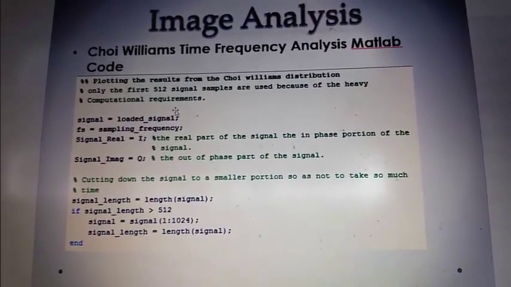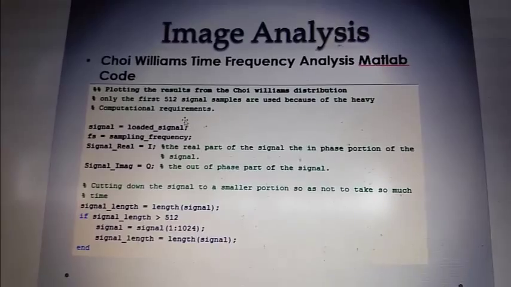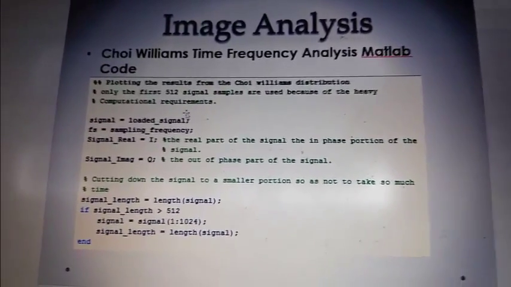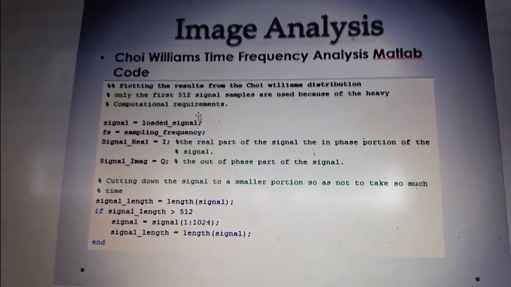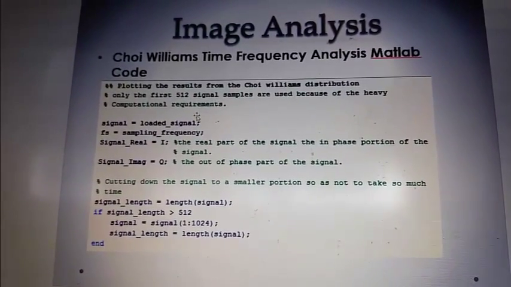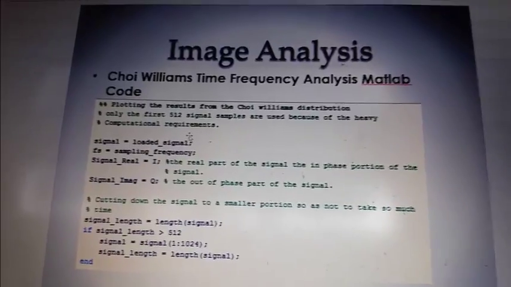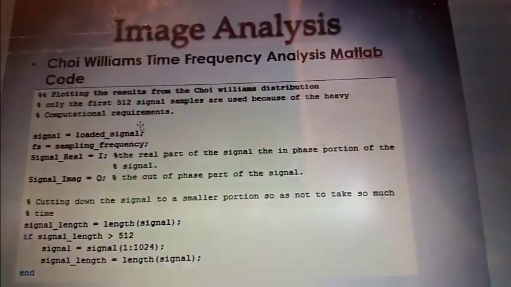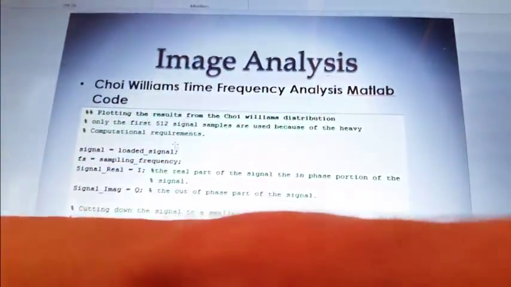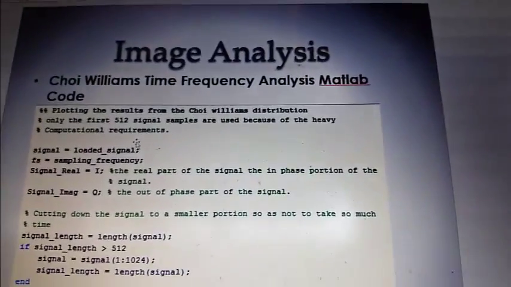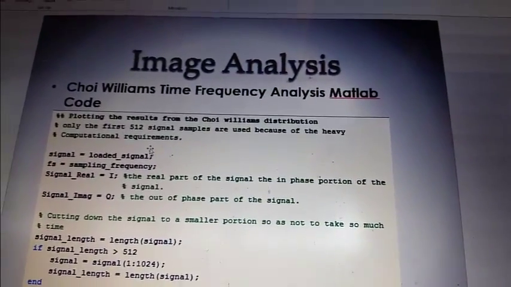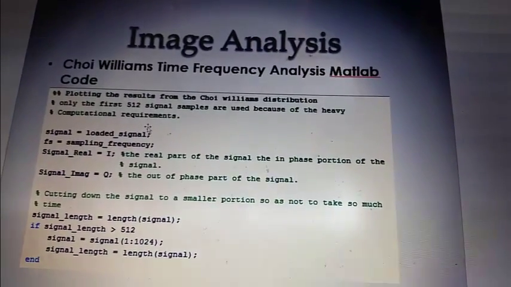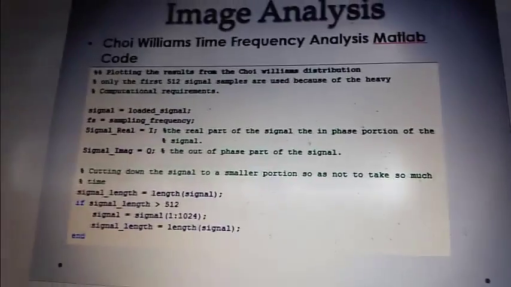My goal was to go from the Choi-Williams time frequency analysis into an image or a picture that you can interpret and get these exact parameters from. Basically, it takes the equations and makes it so you can actually understand them, so that anyone could look at the results and interpret them, and see that yes, they are indeed working with an LPI signal. Okay, so let me just show you my MATLAB code.